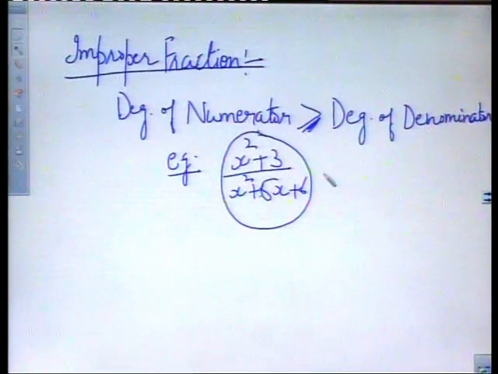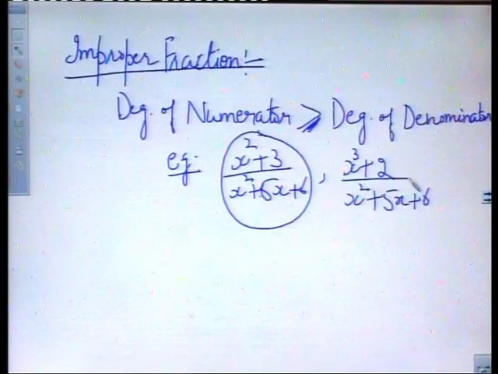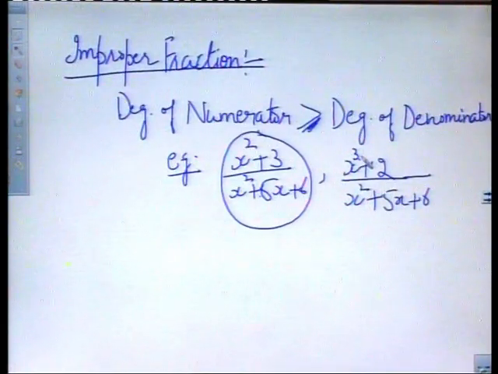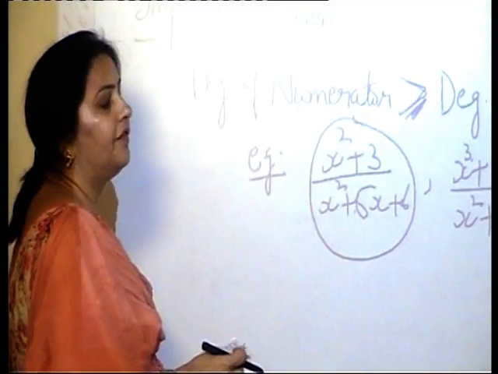Another example of an improper fraction is x cube plus 2 over x square plus 5x plus 6. In this case, the degree of the numerator is 3, whereas the degree of the denominator is 2. It means the degree of the numerator is greater than the degree of the denominator. Therefore, this is an improper fraction.